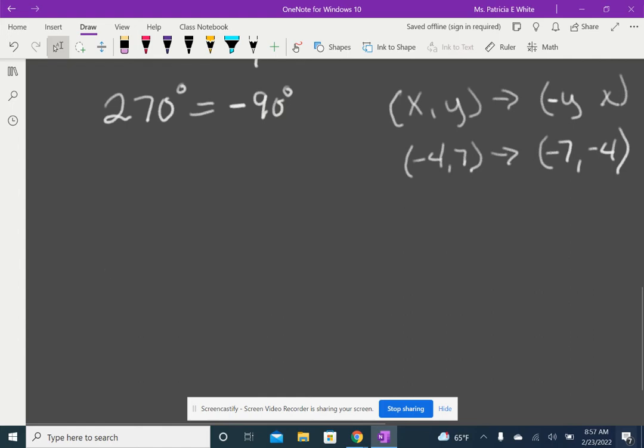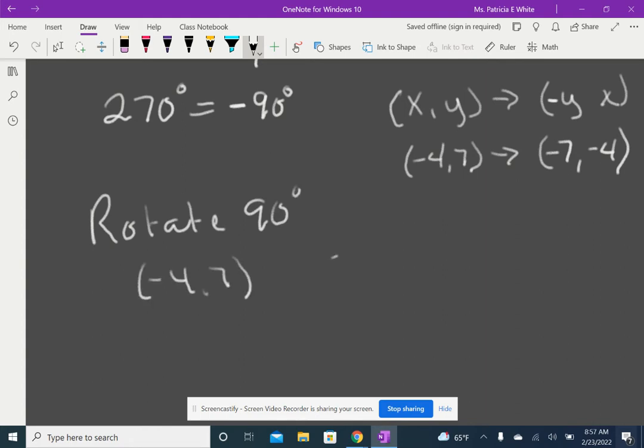Okay? All right, your first problem on your paper is to rotate 90 degrees. And you've got negative 4, 7, 3, 0, and negative 4, negative 7.